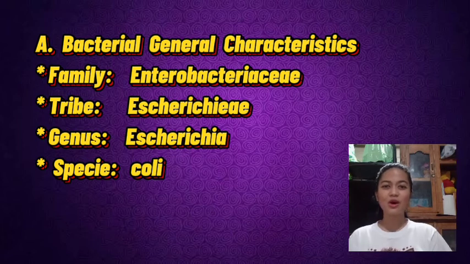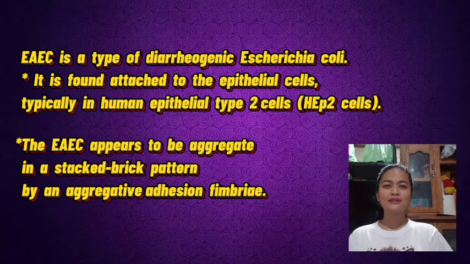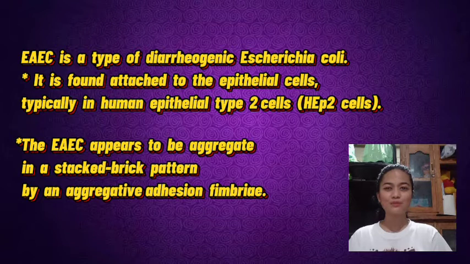Enteroaggressive Escherichia coli, its general characteristic as a bacteria is that it is a type of diarrheagenic E. coli that is found attached to epithelial cells, typically human epithelial type 2 cells or HEp-2 cells that originate from laryngeal carcinoma.